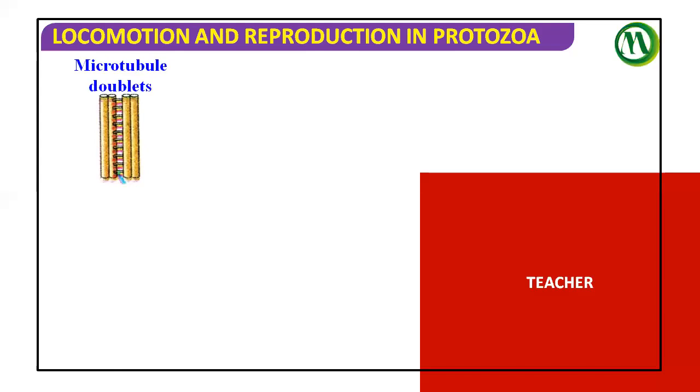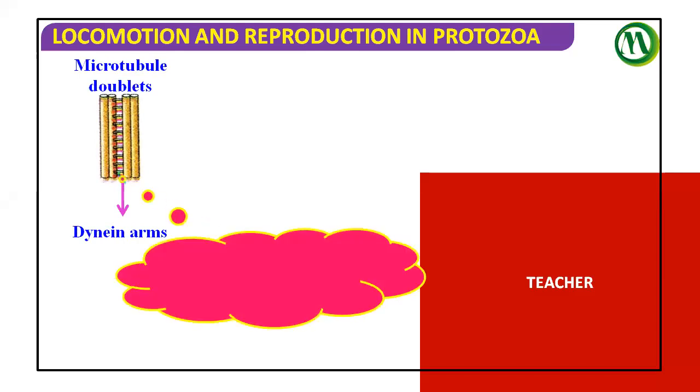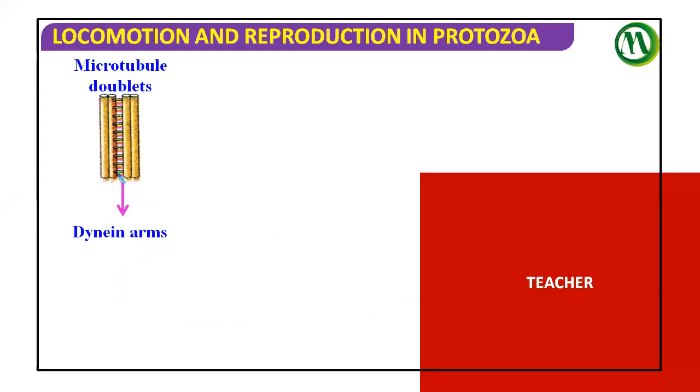Let me show you once again. In the microtubular doublets, the dynein are the sites of ATPase activity. And what they did, you see, they lifted up and pulled. The dynein at the A microtubule, this is A having dynein, and this is B, pulling the B of the neighboring microtubular doublet.